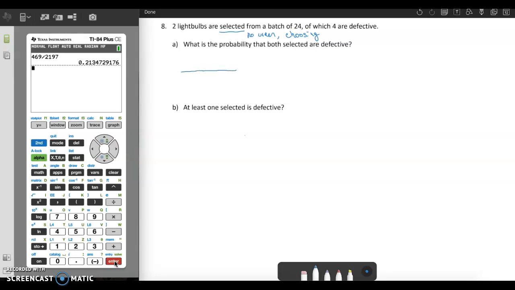We are looking for the probability of selecting 2 defectives out of selecting any 2 bulbs. So for our denominator, how many ways can we choose 2 bulbs out of 24 bulbs? When there's no order, we have a combination of 24 choose 2.